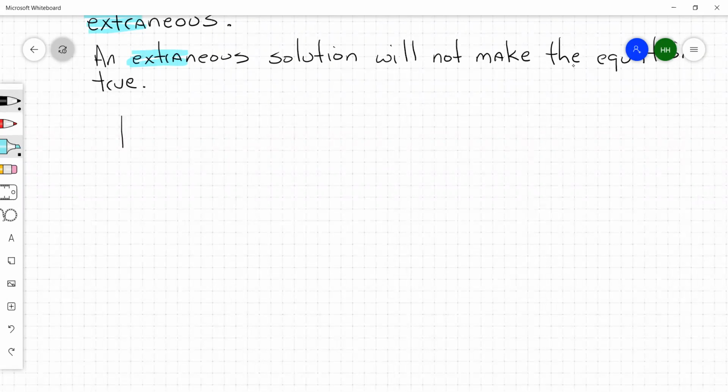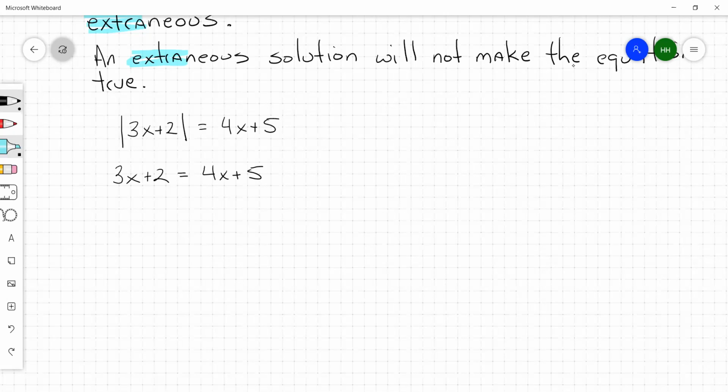So now we got to solve something like this. We got the absolute value of 3x plus 2 equal to 4x plus 5. So we're solving and we're checking for extraneous. The absolute value symbol is already by itself on the left-hand side of this equal sign. So we rewrite: 3x plus 2 is equal to 4x plus 5.